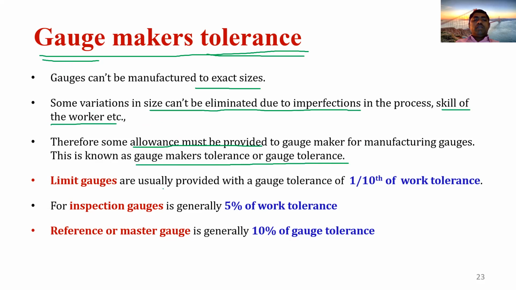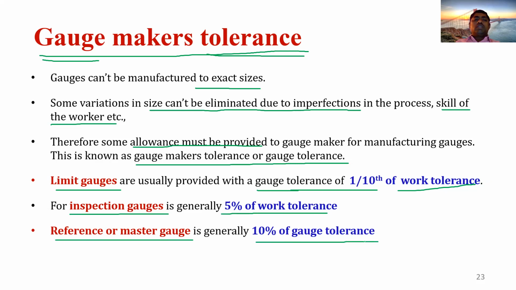For the limit gauges, the gauge tolerance is 1/10 of the work tolerance. For the inspection gauges, we provide 5% of the work tolerance. Similarly, for the reference or master gauge, we provide 10% of the gauge tolerance.